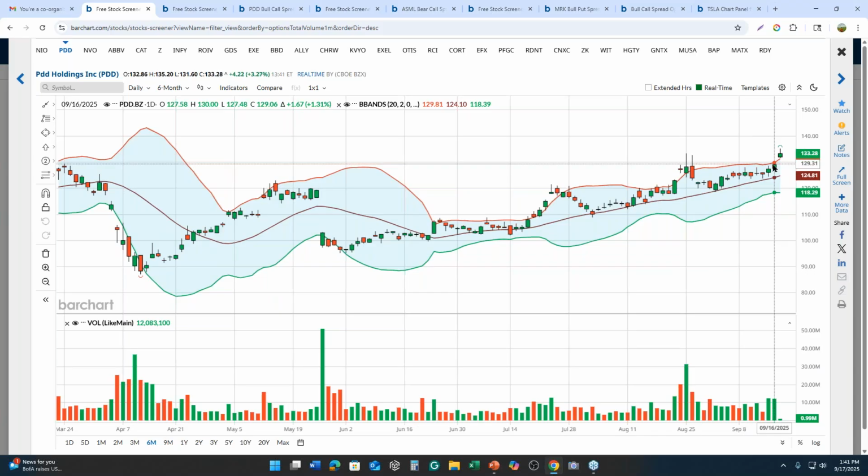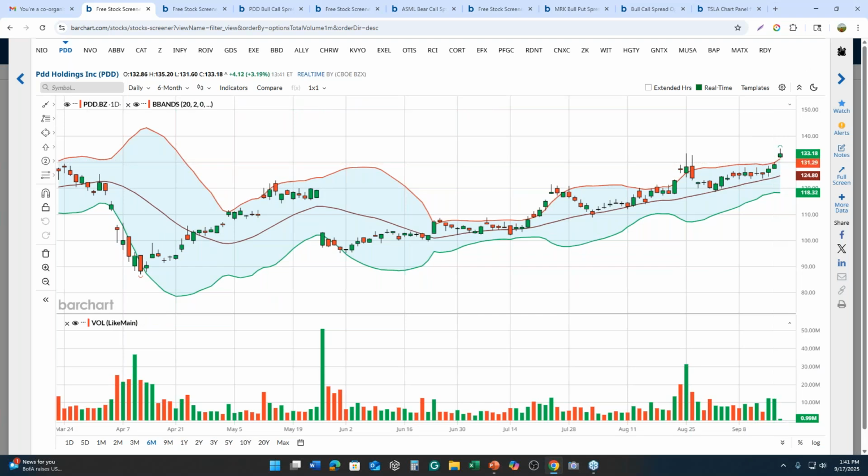So if I'm using a 130 call or a 135 call, what's going to be my target? Well, I want to use one bandwidth, and so that would be about 10 points. So 130 plus 10 would be 140. So I'm going to look at the 130 call 140 call spread or the 135 140 call spread.